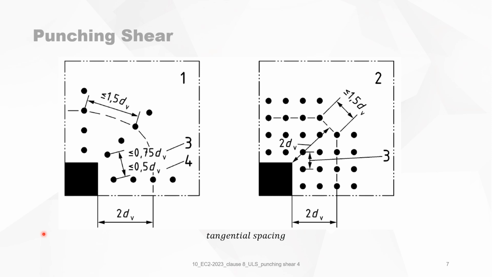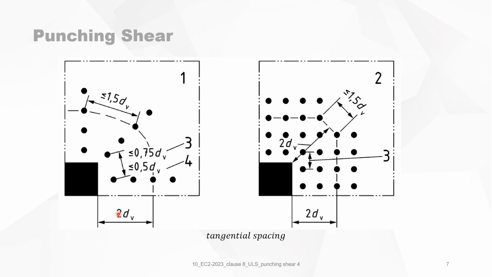The spacing of the shear reinforcement is now explicitly mentioned in a drawing, and you have two different types, which are the radial reinforcement and the orthogonal reinforcement.